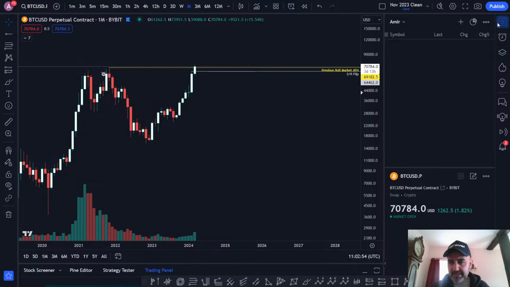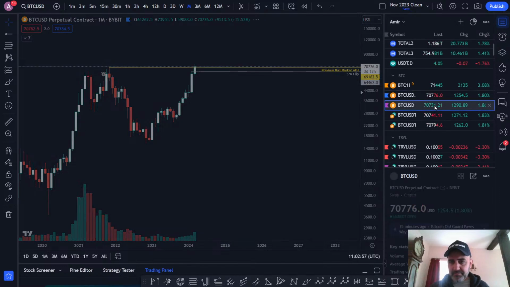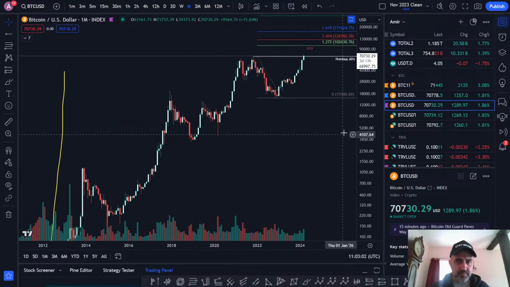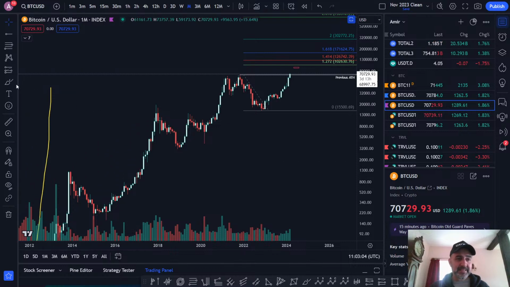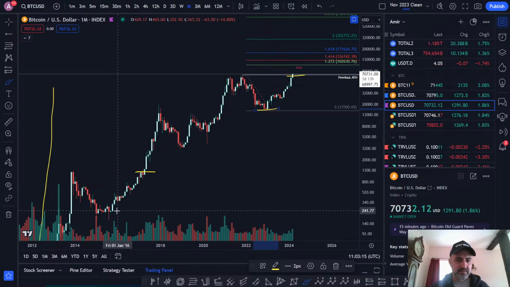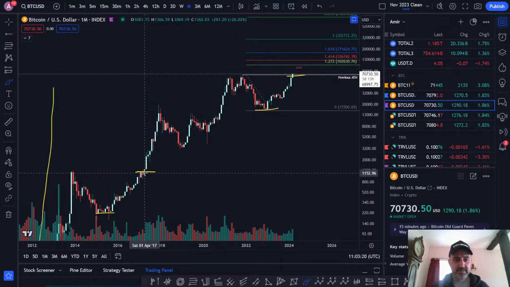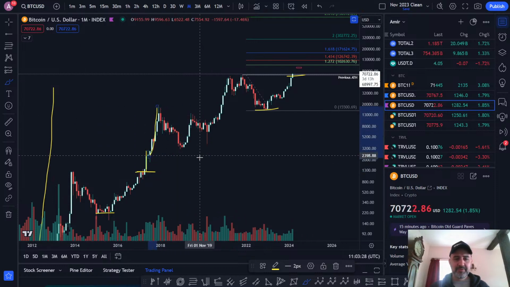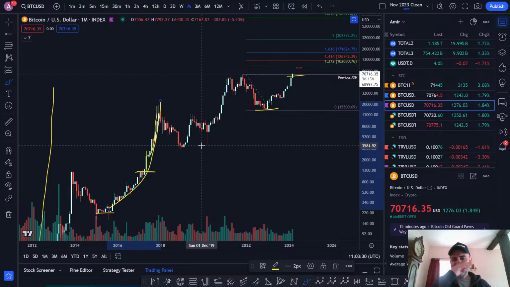If I look at the index, I mean, we're potentially looking at this actually. When I'm looking at the comparison of where we are, I think we're here. I think we're looking at this. If the next month we get an explosion like that, it looks like we're going to space.